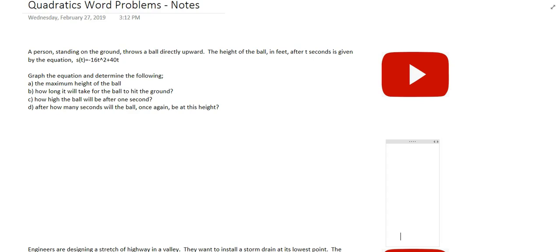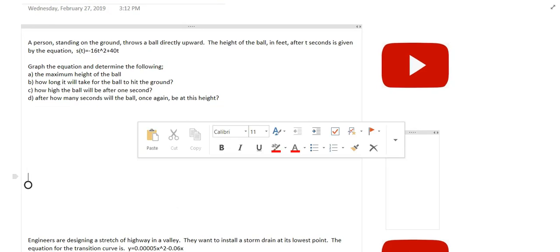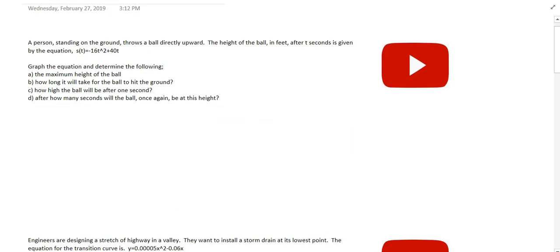We know that this is a quadratic equation, so we know that it's a parabola and that it goes upside down. So if we wanted to graph the equation real quick, we can make a short little XY table. Since it is a quadratic equation, the first thing I want to do is figure out the vertex.